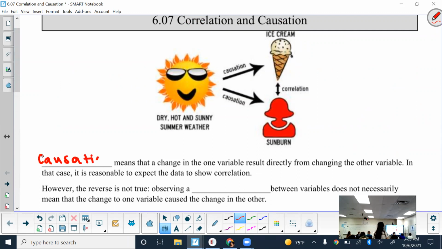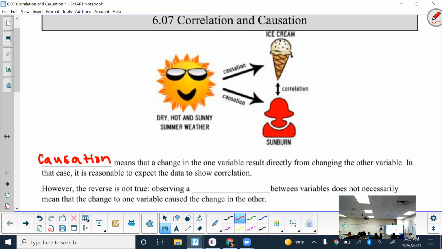We have causation means a change in one variable results directly from changing the other variable. So it's like proven. I'll give you some examples. But causation is where something directly causes something else.